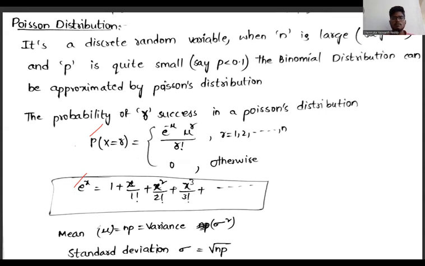If we want to calculate the mean of the Poisson distribution, this is the formula.